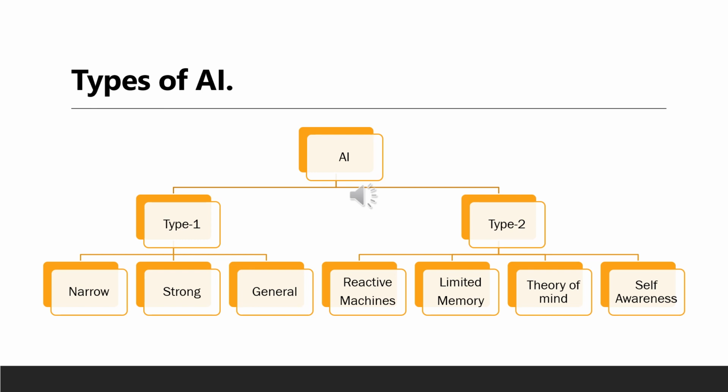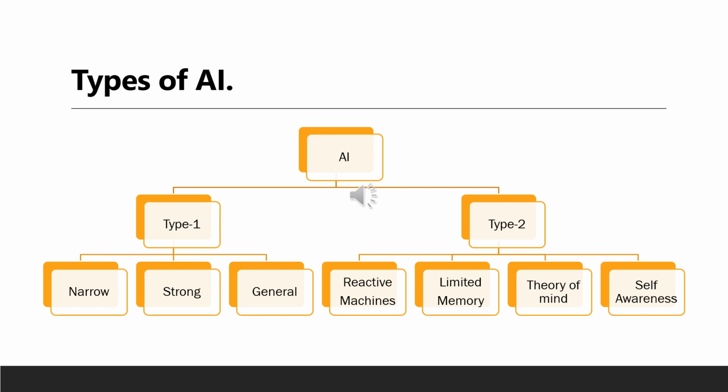And we have strong AI, which is also known as super AI. Super AI is a level of intelligence of a system at which a machine could surpass human intelligence and perform any task better than a human, with cognitive properties, which is an outcome of general AI.